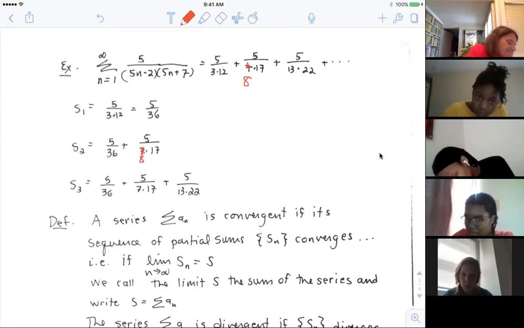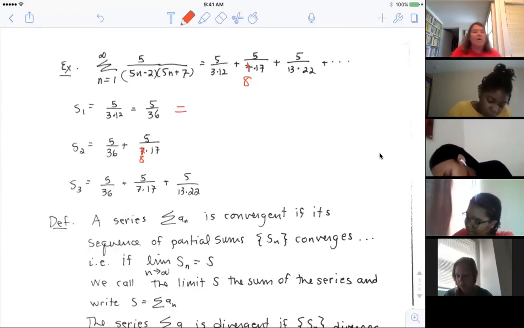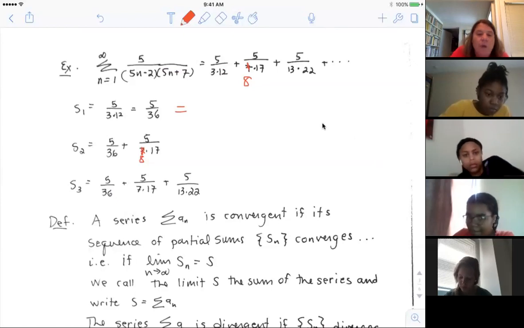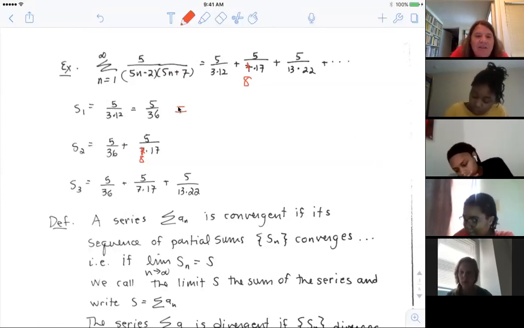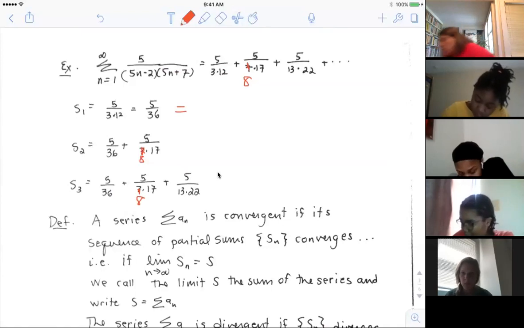But let me show you something here, guys. I want you to take your calculators out and tell me what 5 over 36 is. I'm gonna go to my calculator. While I'm finding it, find a decimal form for all of these fractions right here, and that should be an 8 right there. Add those fractions and find decimal forms for them.